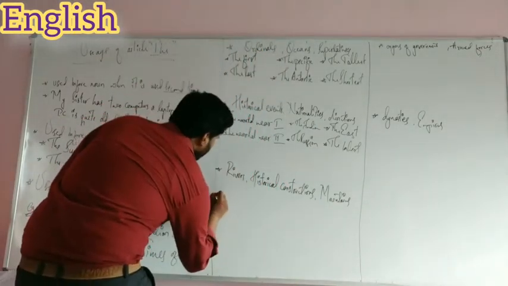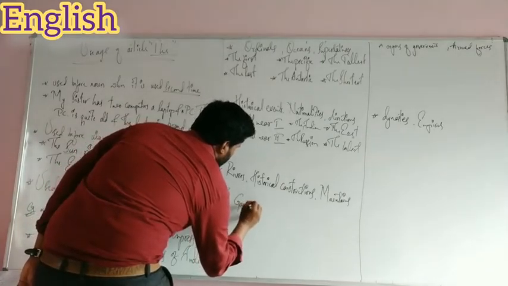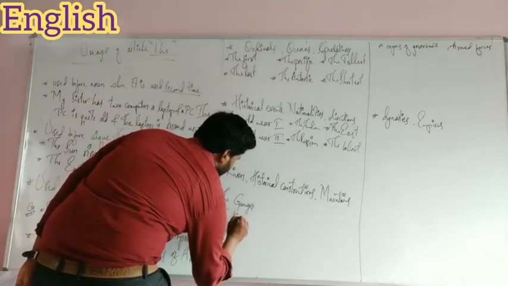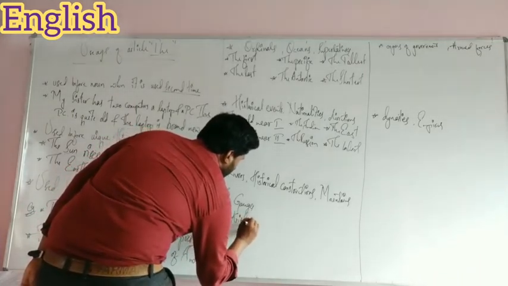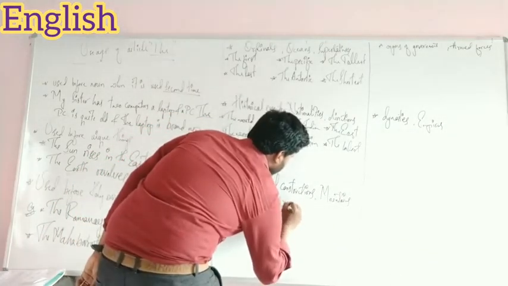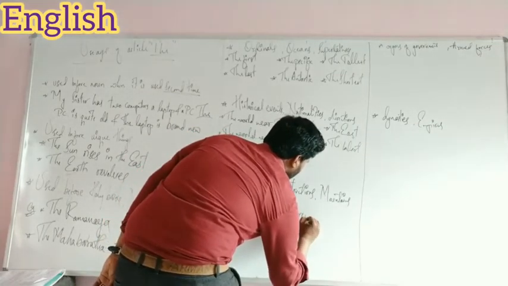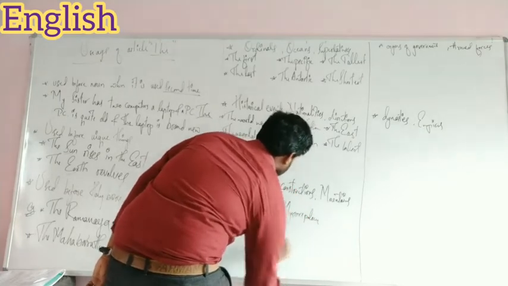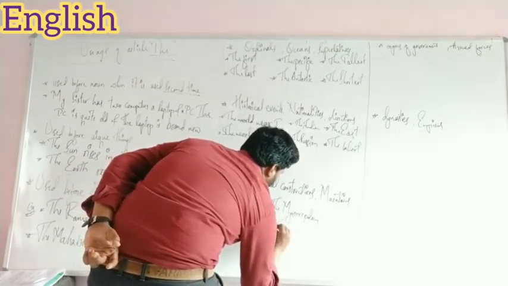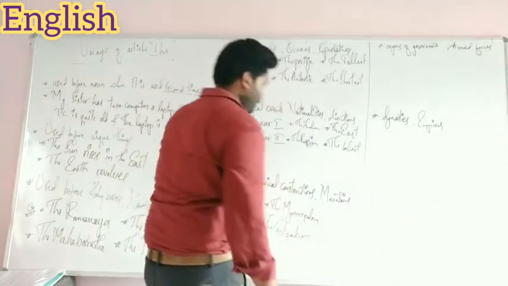Example: the river Ganga, the river Krishna, and historical constructions: the Mysore Palace, the Gol Gumbaz.